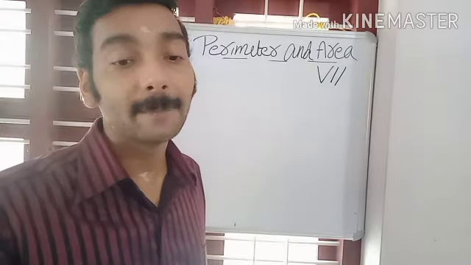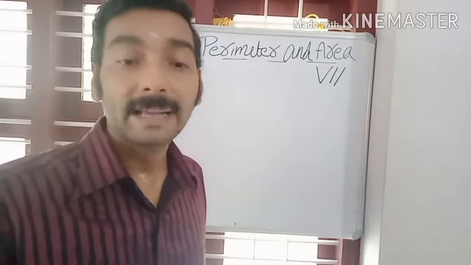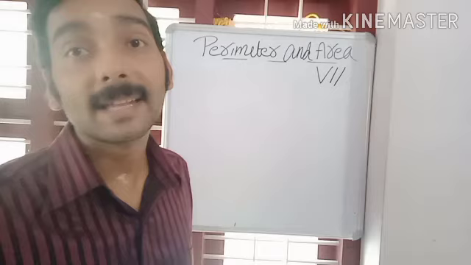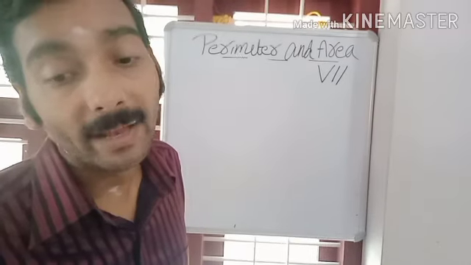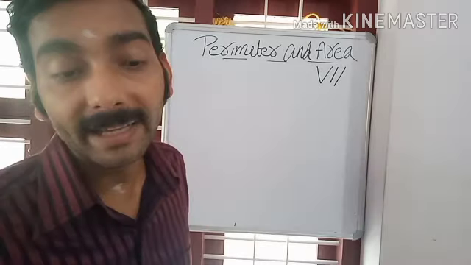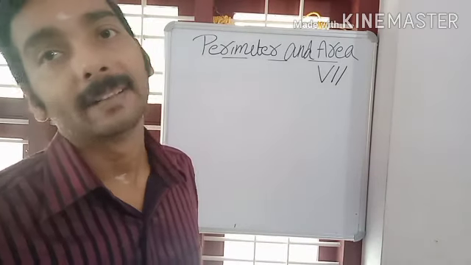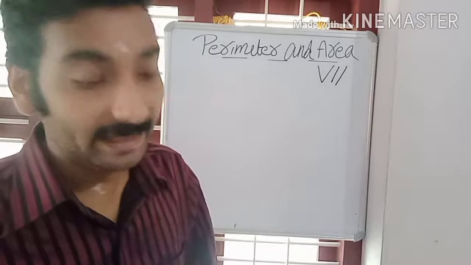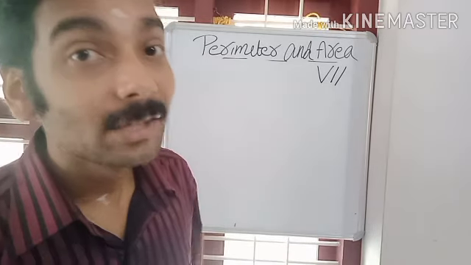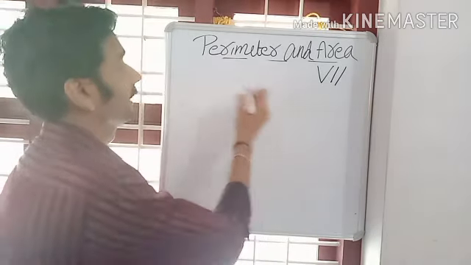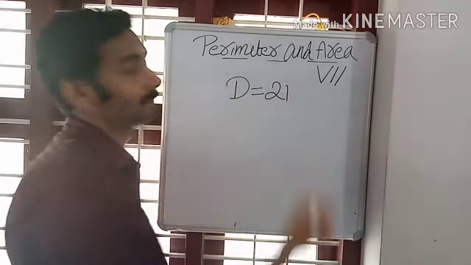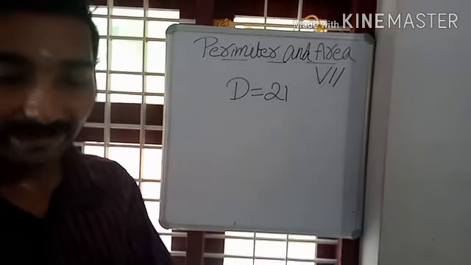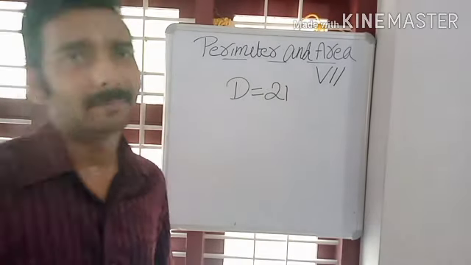Also find the cost of rope if it costs ₹4 per meter. Pi equals 22 by 7. In this question, the diameter is 21 meter.